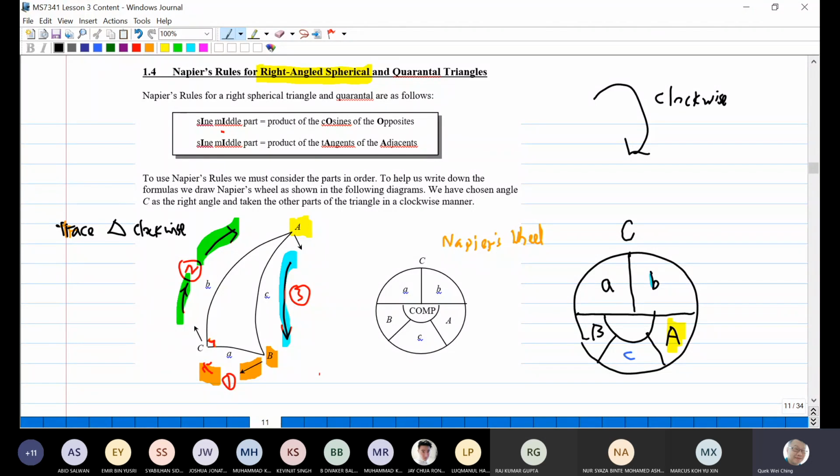Okay, this is how you complete the view, right? So I start out with A. I use the color here to show you. I start out with A here, and then go to B. The C is at the center. Then go to angle A. Then go to side C. Then go to angle B again.